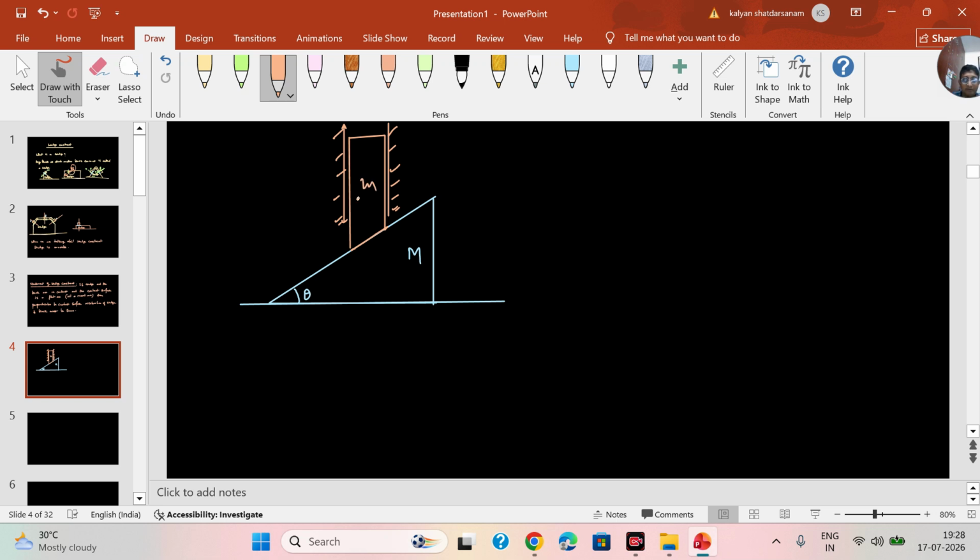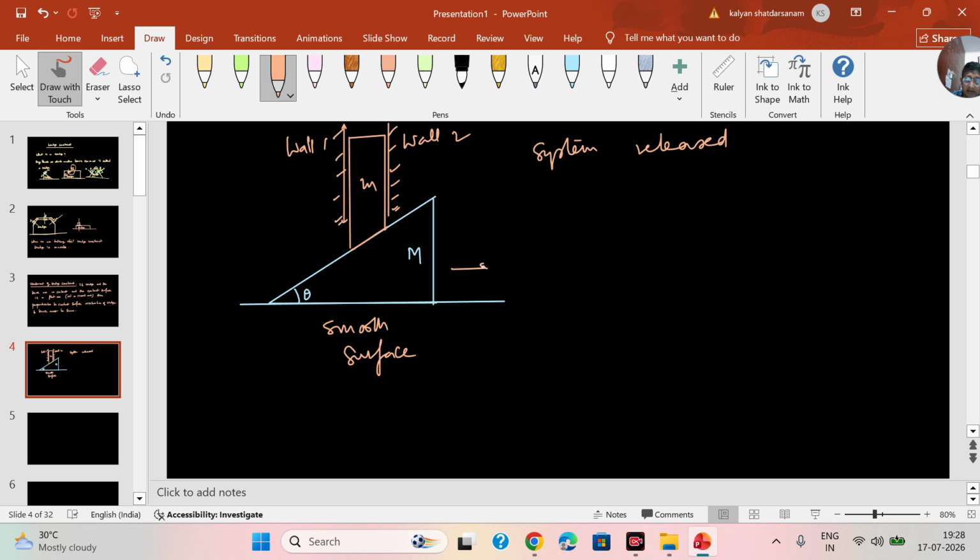It cannot go to left and right. These walls prevent it. So this is one wall, wall 1. This is wall 2. So the rod is in contact with the wedge right now, and this is a smooth surface. Okay. So basically the system is released.